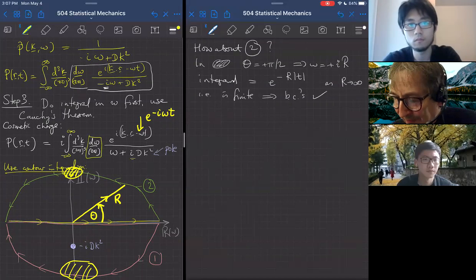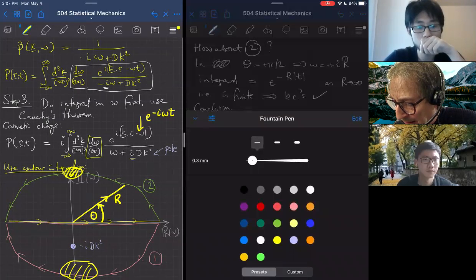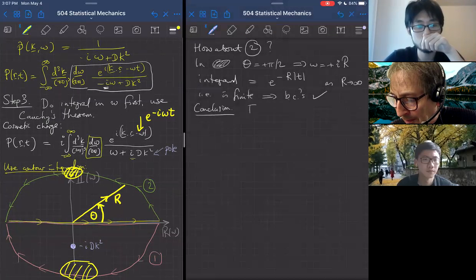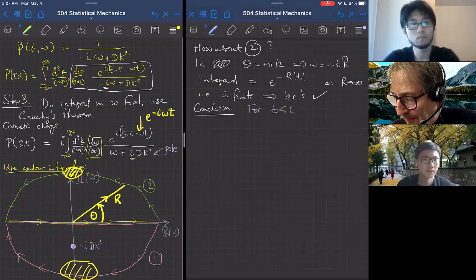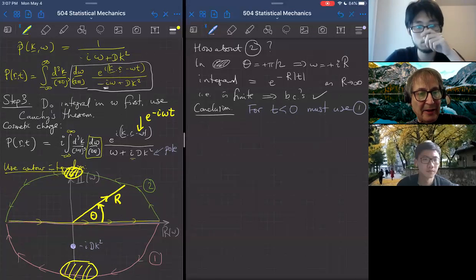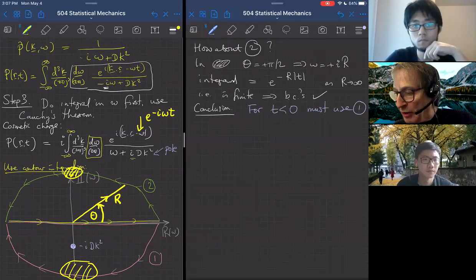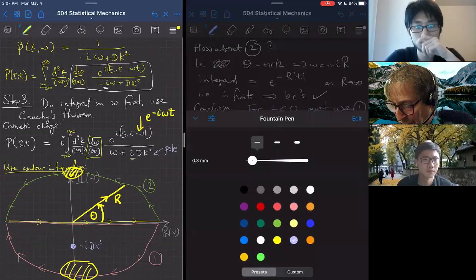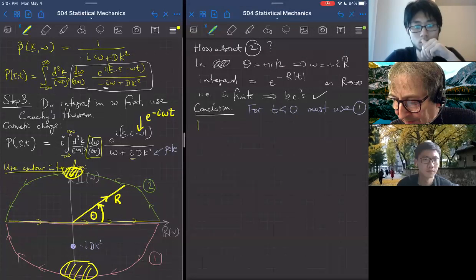And so what we conclude then is that for t less than 0, we must use contour number 2. And that tells us then what the integral is, because on that contour there's no poles enclosed.